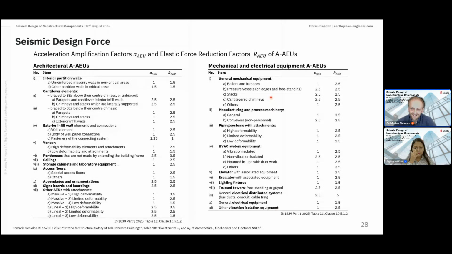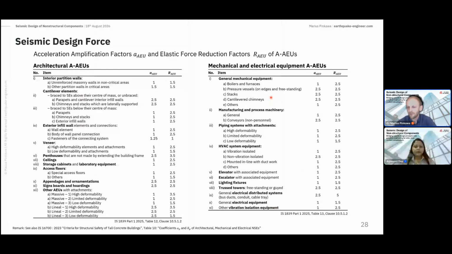Most often it is not a component that you find in this table, so you have to think about analogy, which item in this list resembles your situation, or otherwise you need to do, again, some engineering judgment to decide on these factors.